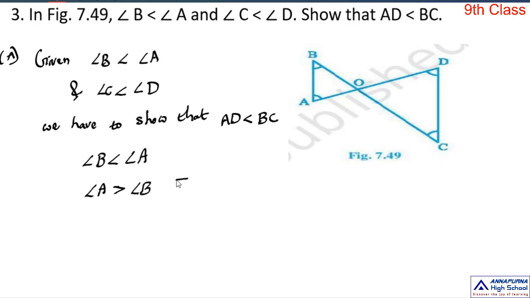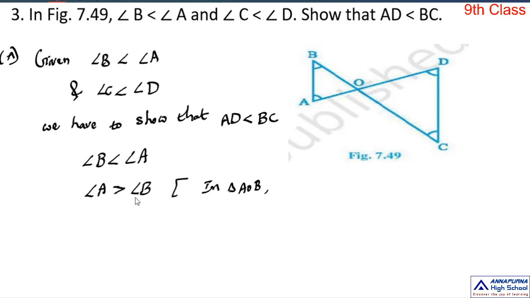By using one important property in a triangle AOB: the side opposite to the larger angle is longer. This is the one important property in a triangle.